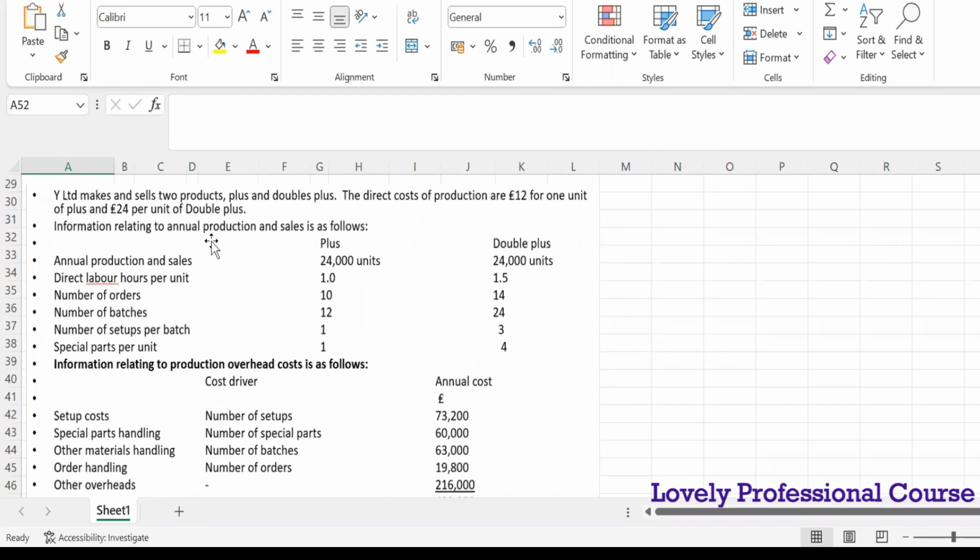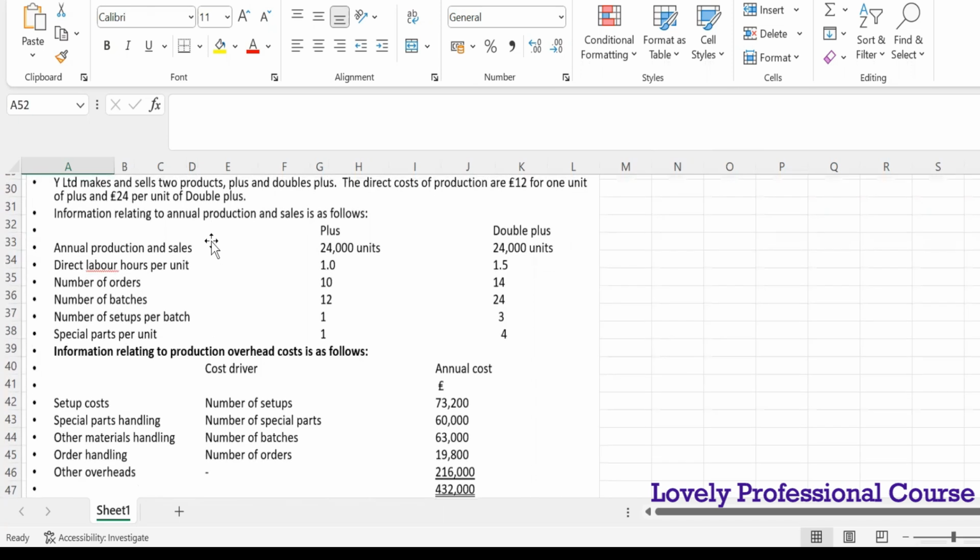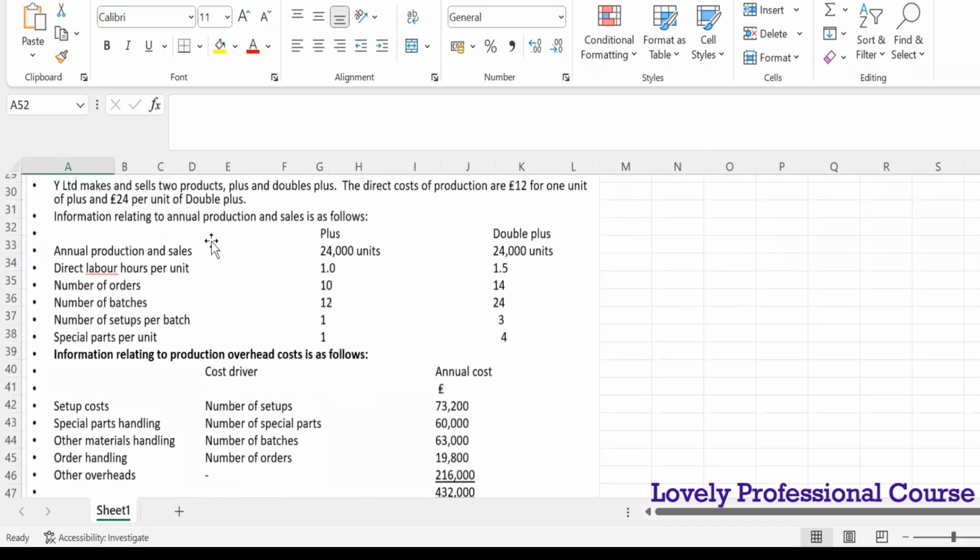These are illustrations to use when we are studying how to deal with activity-based costing, how to apply it, and also how to apply absorption costing. The direct costs of production are 12 for one unit of plus and 24 per unit of double plus.